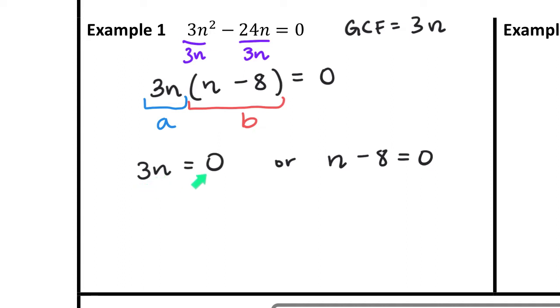So on the left here, what's the opposite of multiplying times 3? Dividing by 3. And so these 3's will cancel, and 0 divided by 3 is 0.